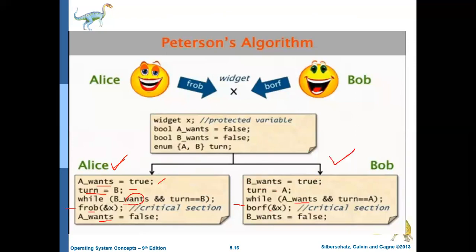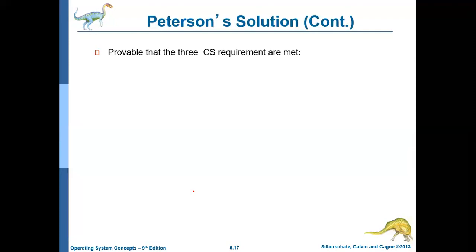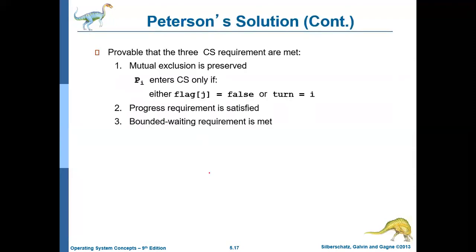So once Alice comes out, the turn will be given to Bob, and then Alice, and then Bob. Even if both of them want to access continuously, it will follow this order: Alice, Bob, Alice, Bob. But if only one of them wants to access, then also they can access. So if only one wants to keep on accessing, that is possible.